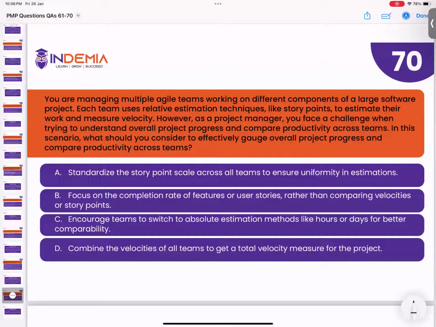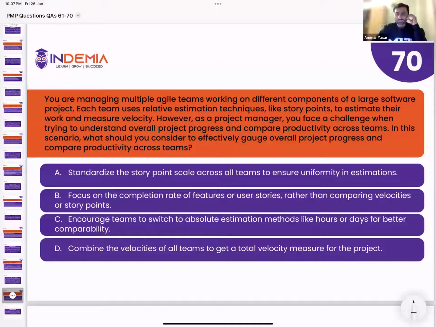I was confused between options A and B. Option A says standardizing for uniform estimations. I did not recall any point reading or during the lecture where you mentioned it. But I did recall something relating to completion rate, so I thought B is the right answer.